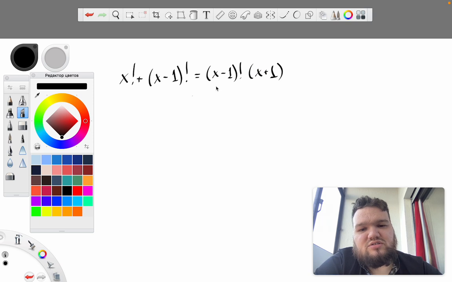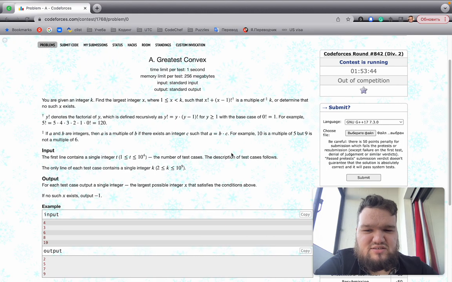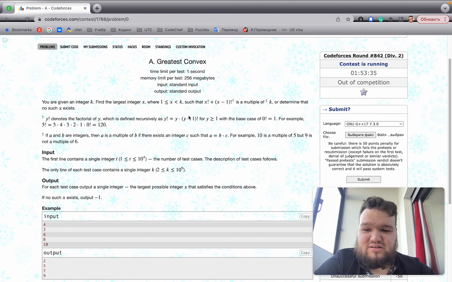And we want this to be divisible by k, but we can just take x equal to k minus 1, right? This will be just k, so this is divisible by k, and this is the largest integer after k not inclusive, so this is just the answer, right? Okay.